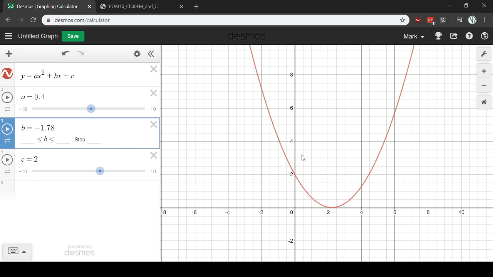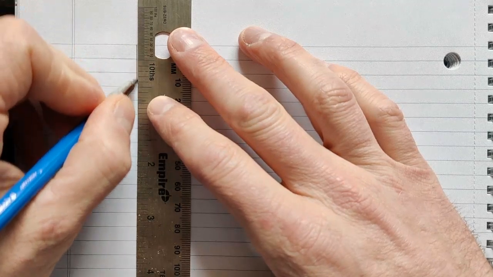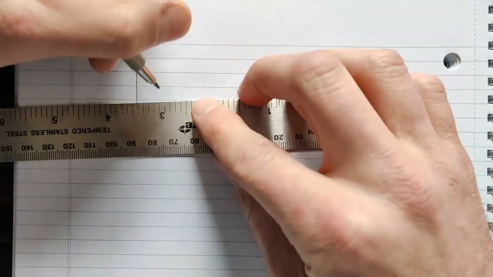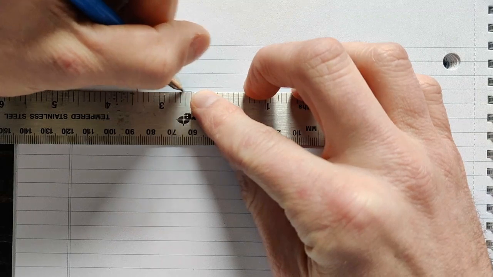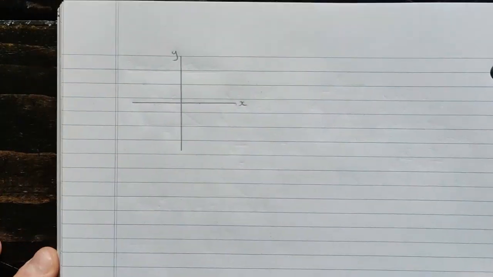So if we flip over to the note paper again, I'm going to draw a quick little sketch of a parabola. Just have some x-y axes here, really quick.